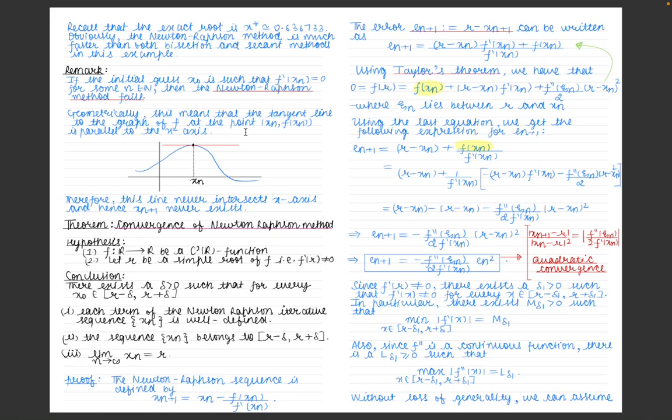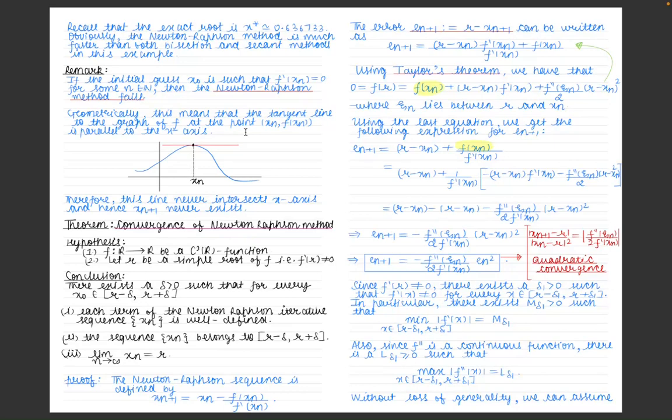So without loss of generality, we can assume that this L delta 1 is strictly positive, because if it is 0, then f double prime over this interval will be 0.